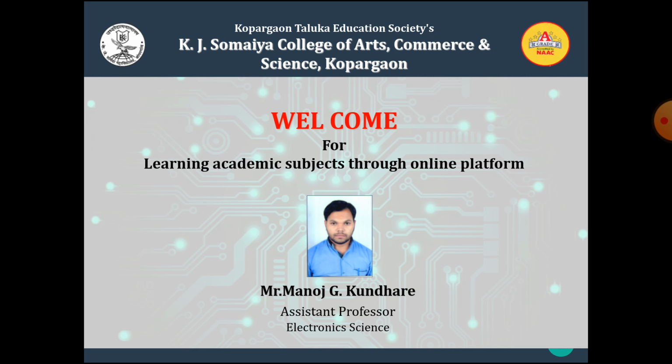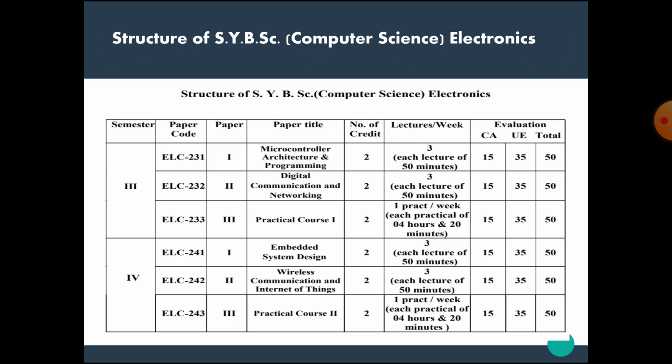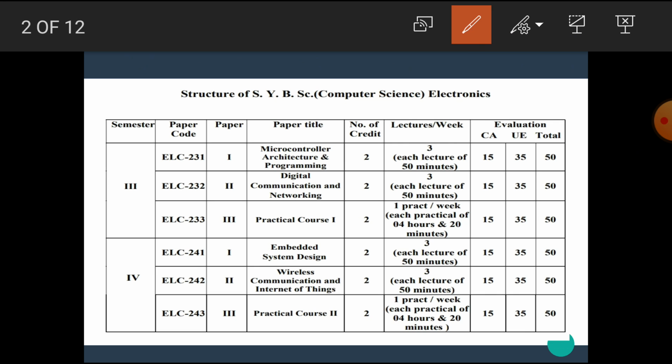From now until the end of this pandemic COVID-19 situation, we will keep learning our academic subjects through online mode. The structure of SYBSc Computer Science Electronics is shown here. In a total academic year, there are two semesters, semester third and semester fourth.